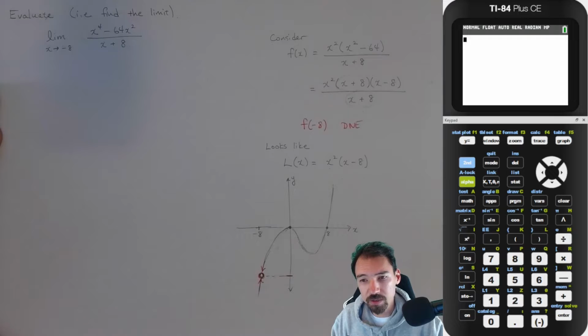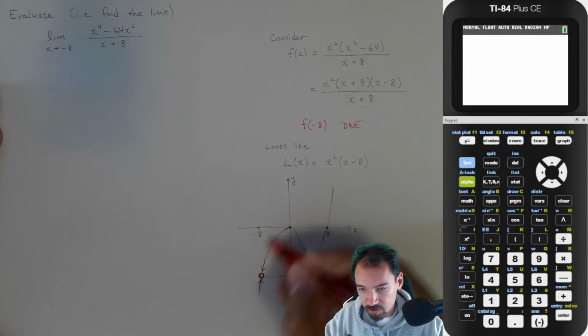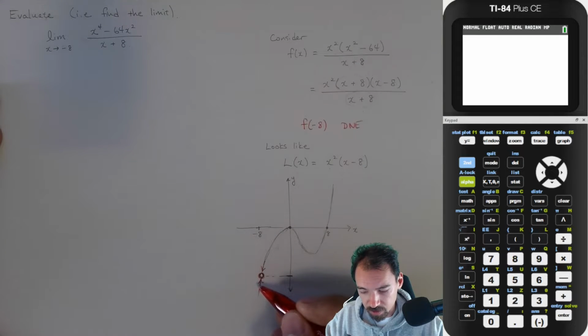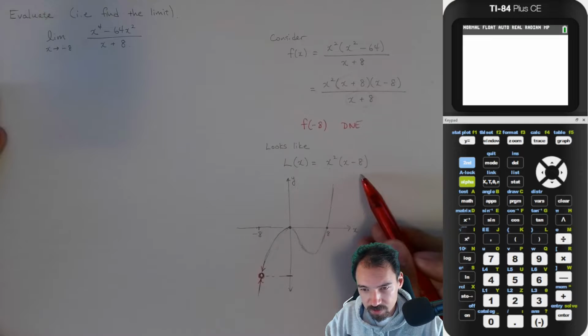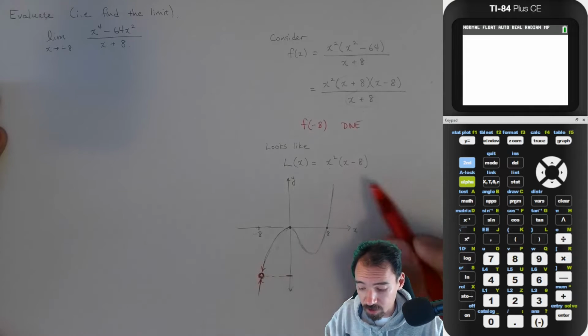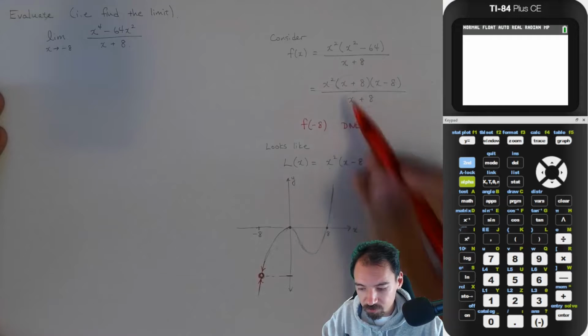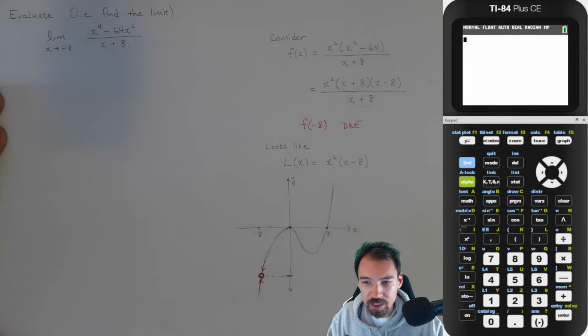So the method is to think, well, this L of x represents this curve. Right? L of x has a value when x is -8. How come? Because L of x is after we've eliminated these factors of x plus 8. Right?